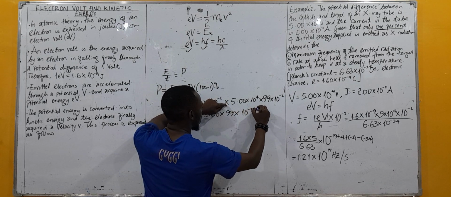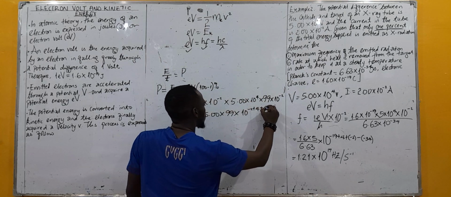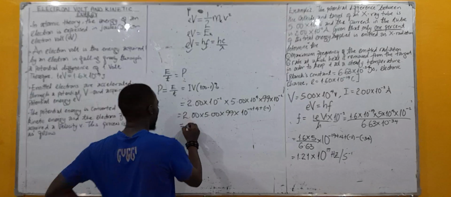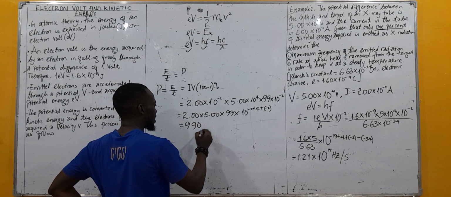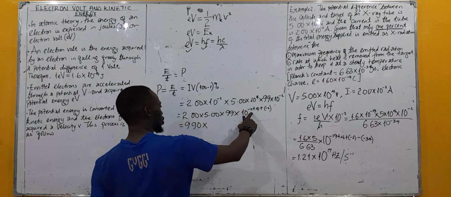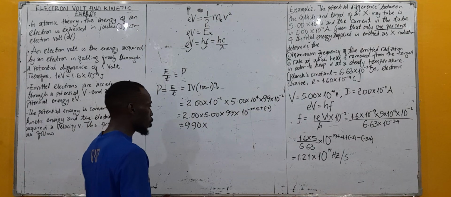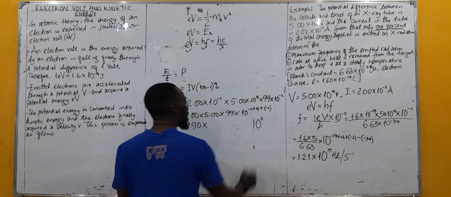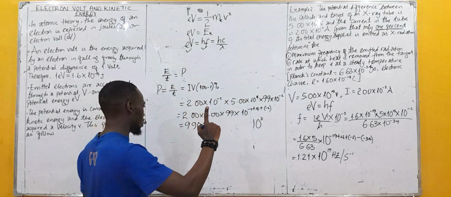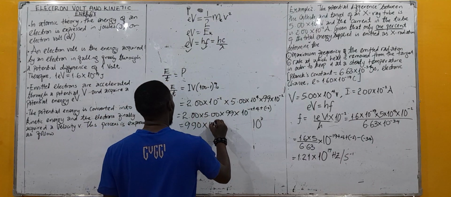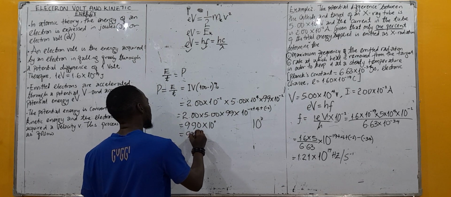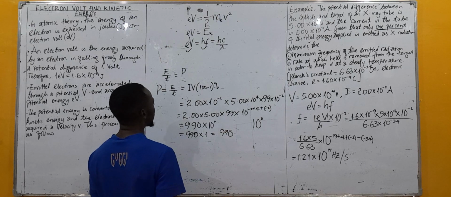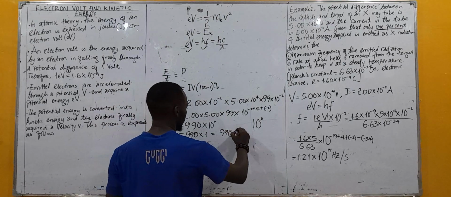Multiplication means addition of powers. 2 times 5 is 10. 10 times 99 is 990. Minus 2 plus 4 is 2. Then, 2 minus 2 is 0, so we have 10 to the power of 0. Anything to the power of 0 is 1. So it's 990 times 1, which is equal to 990. What is the unit for power? Watt.